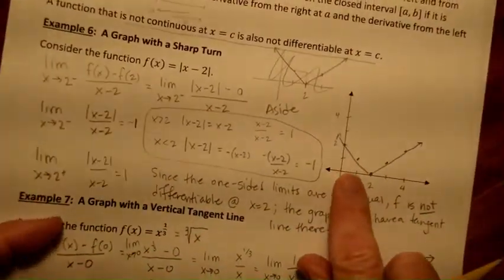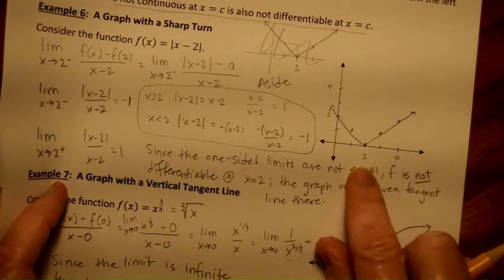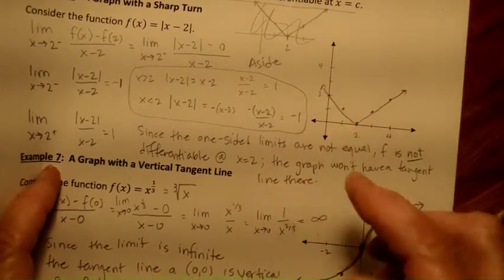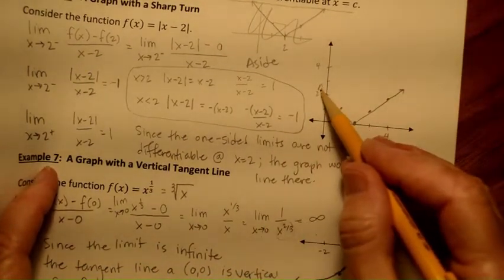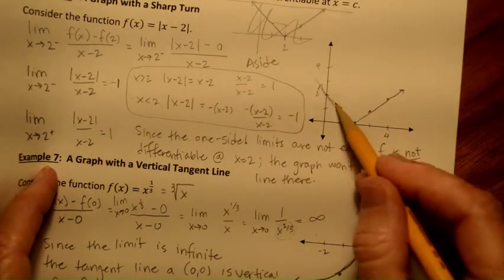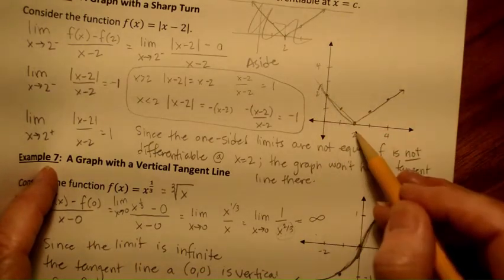This absolute value of x minus 2 is continuous at 2, but it is not differentiable there. That occurred because we had that sharp turn that did not allow for a gradual change in the slope. It was a very, very distinct, sharp change.